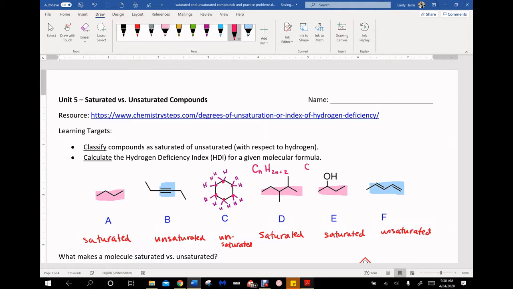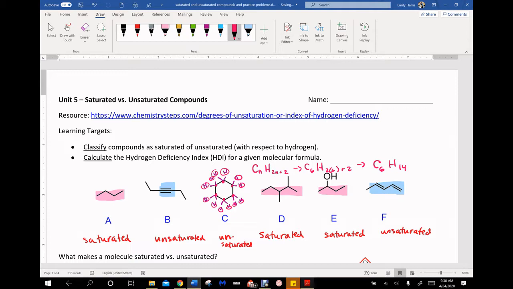So we're at C6. Then let's figure out how many hydrogens we should have if it's saturated. So we have H, 2 times 6 plus 2. That means our formula should be, if it's saturated, C6H14. So let's go ahead and count. 1, 2, 3, 4, 5, 6, 7, 8, 9, 10, 11, 12. So we actually only have 12 hydrogens, all right?